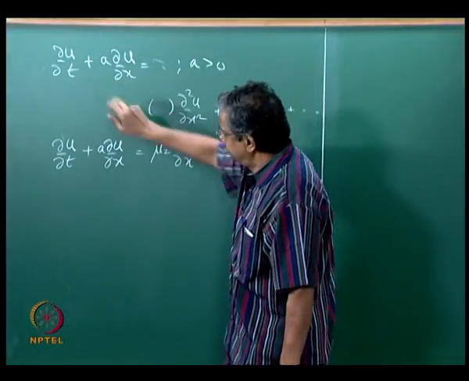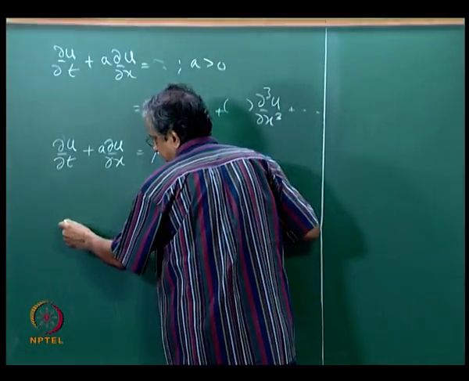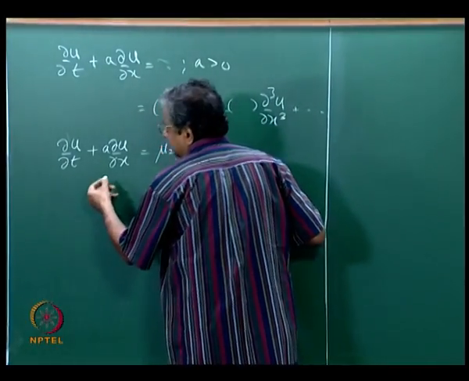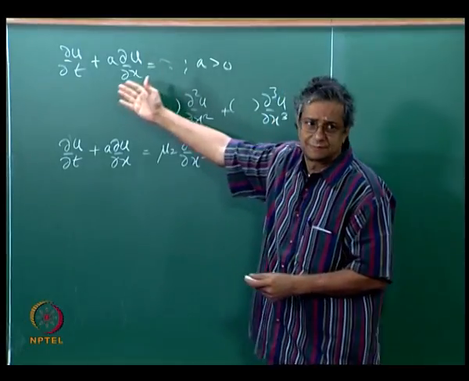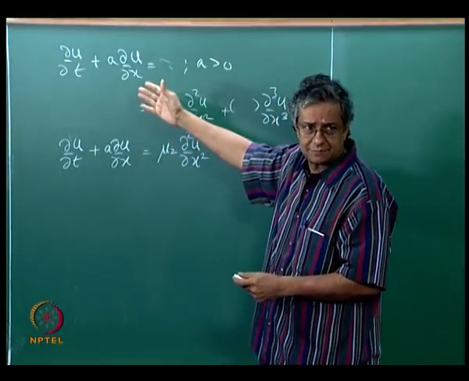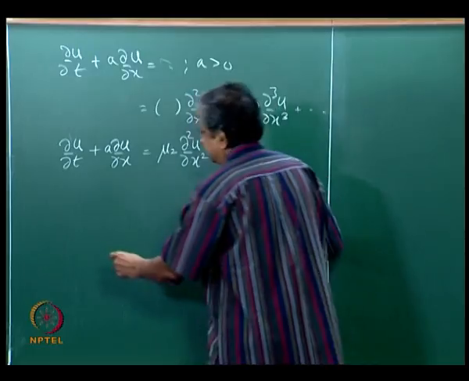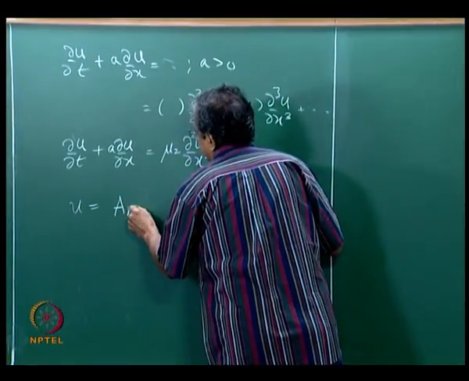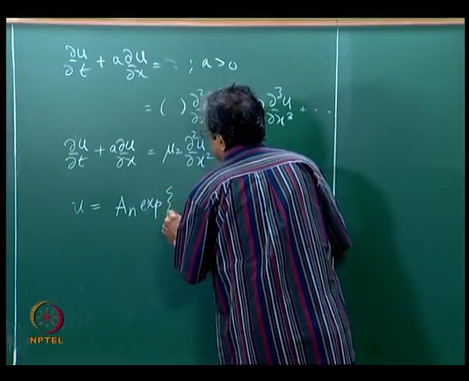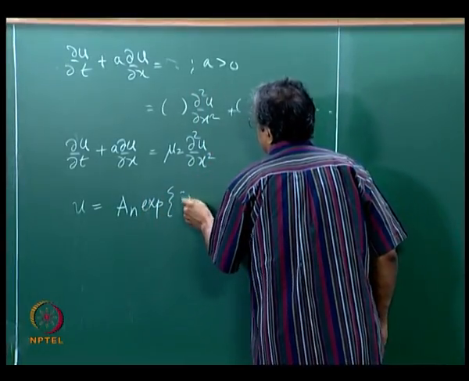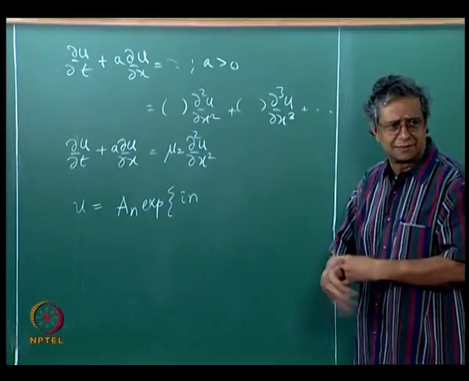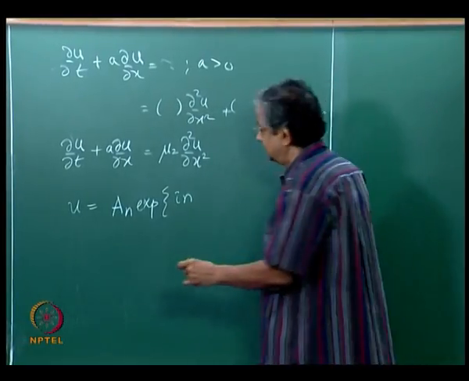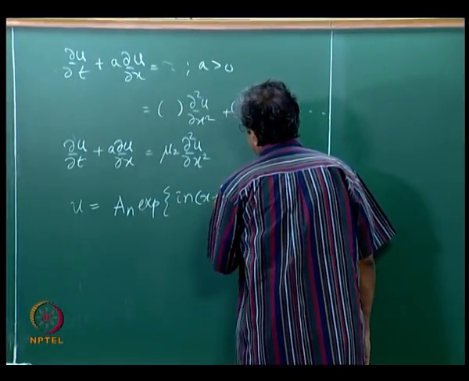Now for this equation I am just repeating what we did at the end of the class. We said that a solution could be written in terms of a Fourier series, and I will write one term. It is still a solution, so that u could be written as an exponent, i n, I decided to get rid of the 2 pi and l, x minus a t.